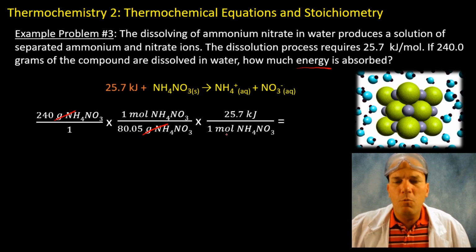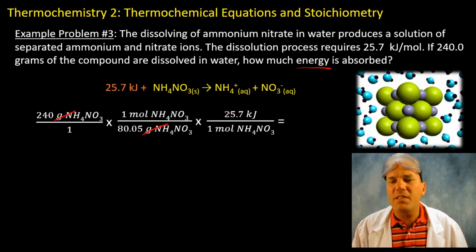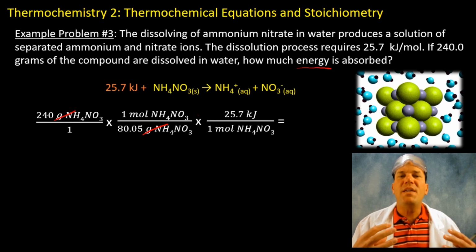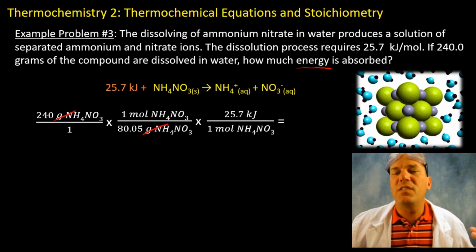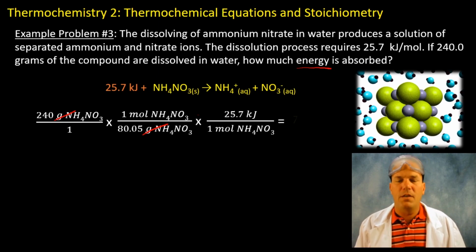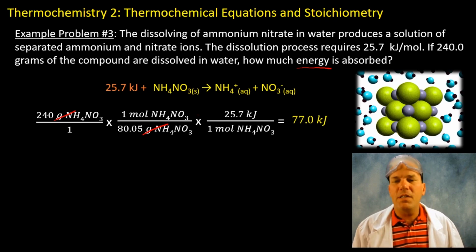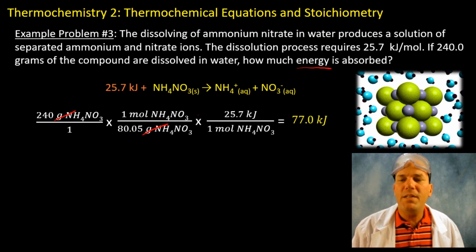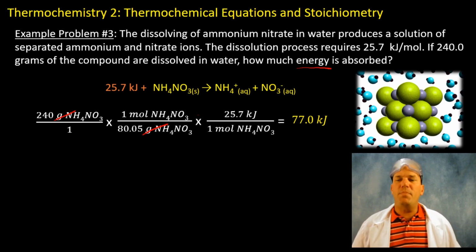So for every 1 mole of ammonium nitrate, there are 25.7 kilojoules being absorbed in this dissociation process. This will yield 77.0 kilojoules of energy that is being absorbed.